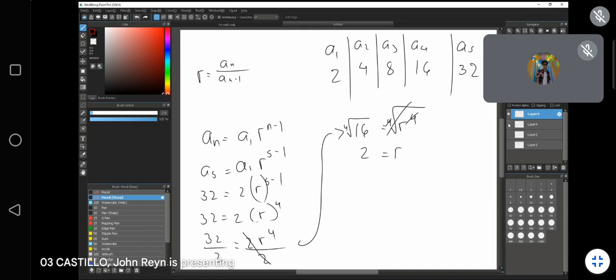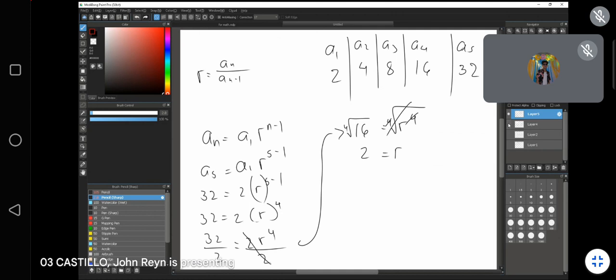Ano pa ang way of determining your geometric mean? Sige nga, John Rain. By getting yung 2 and 32. Okay, so you can get the geometric mean by multiplying the two extremes and square rooting it.